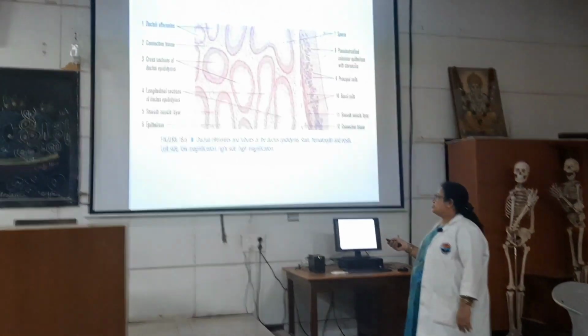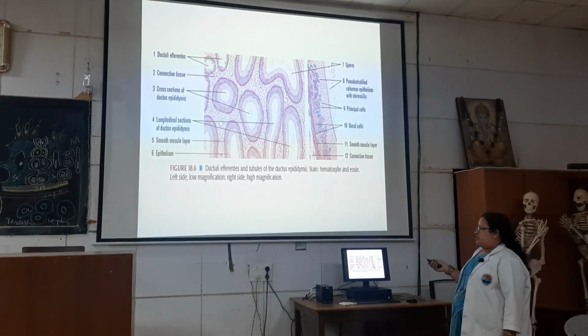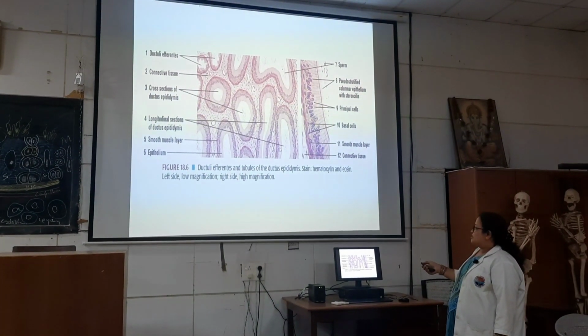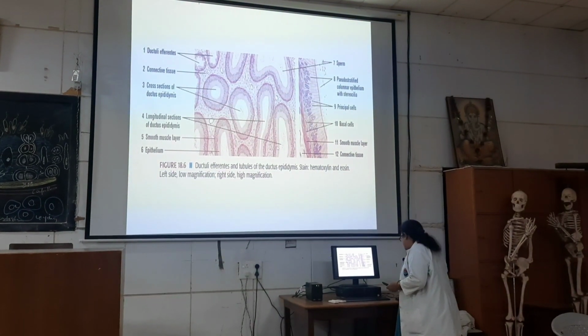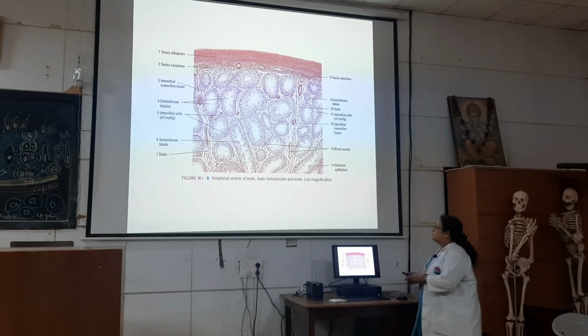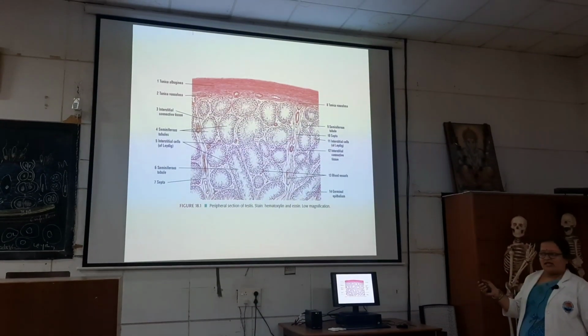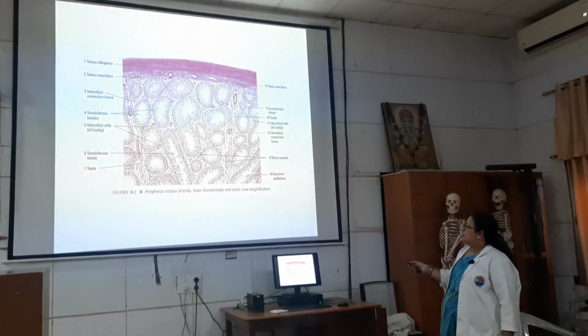So to continue with the histology of the male reproductive system, I will summarize what you will see in the slides. This is the slide. When you see the testis under the light microscope, it looks like this.